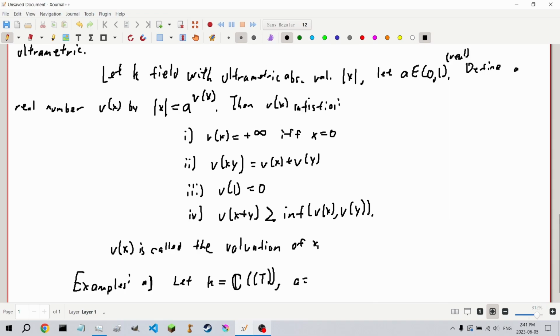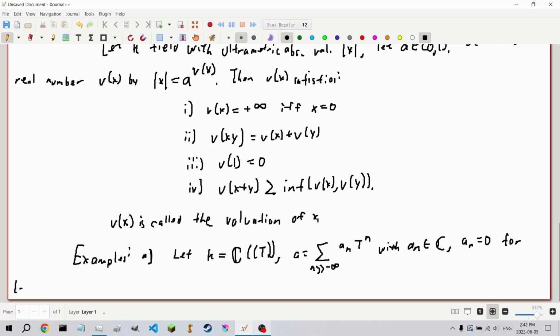I'm going to let a be the sum over n greater than negative infinity of a_n times t to the n, with each a_n complex and a_n equal to 0 for large negative n.